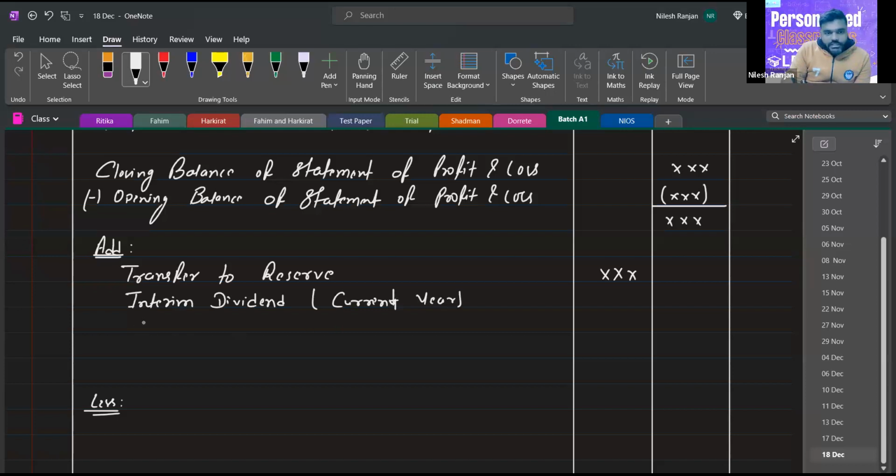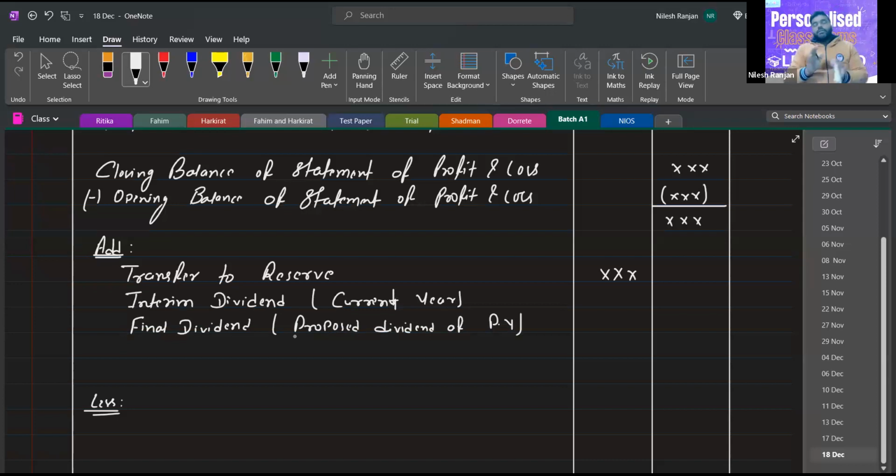And if the final dividend is given, then it means it is the declared dividend of the previous year.